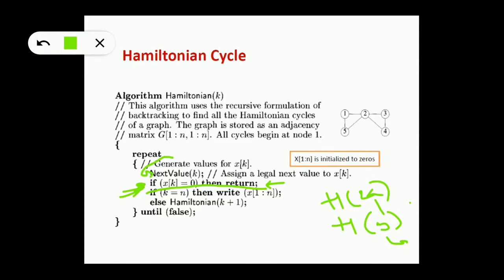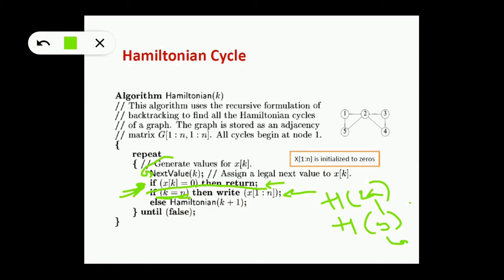So we check whether this next vertex k that we have found is the last vertex in the graph by using the condition if k is equal to n. If the vertex we have found is the last vertex in the graph, then it means that we have already found a Hamiltonian cycle. So we simply print the contents of our solution vector.